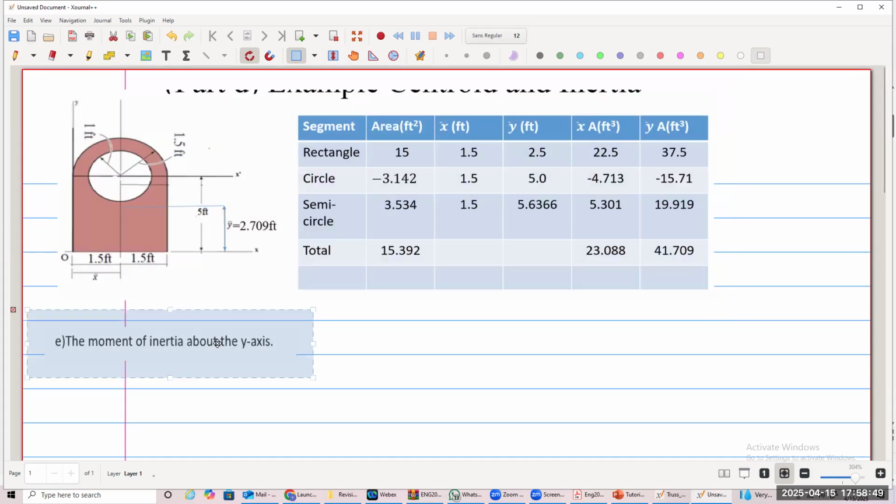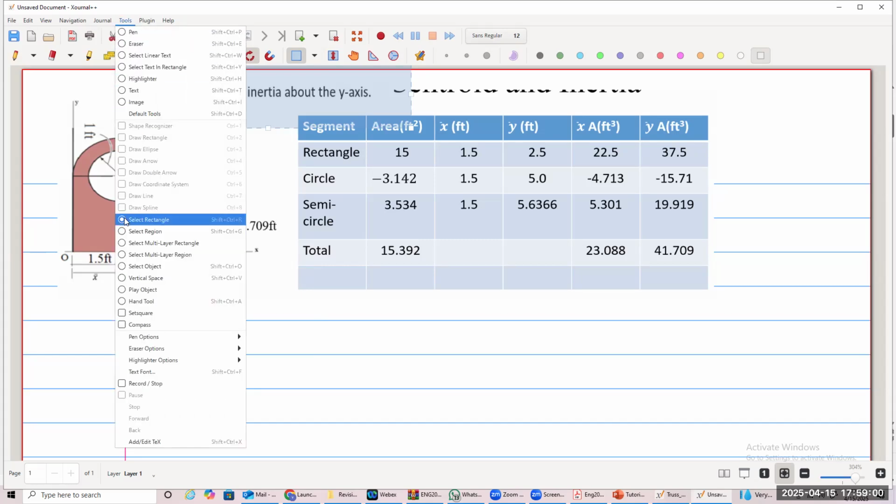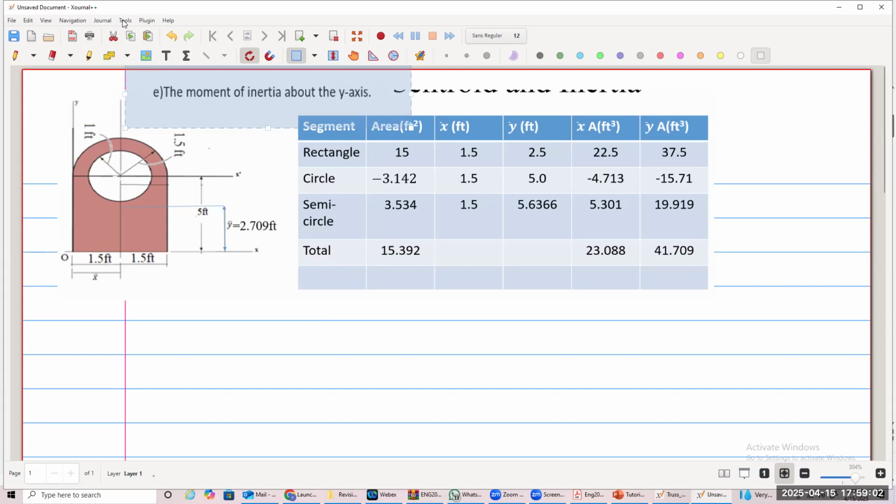Oh, it keeps coming down. Why is it jumping over? Escape. All right, cool. Escape two times. Yeah, that's where I want it. So we have some space.